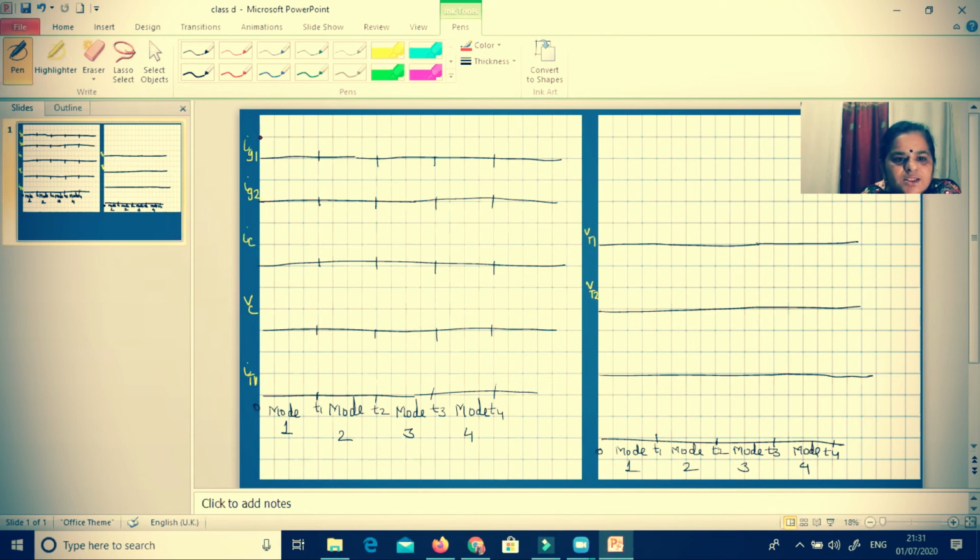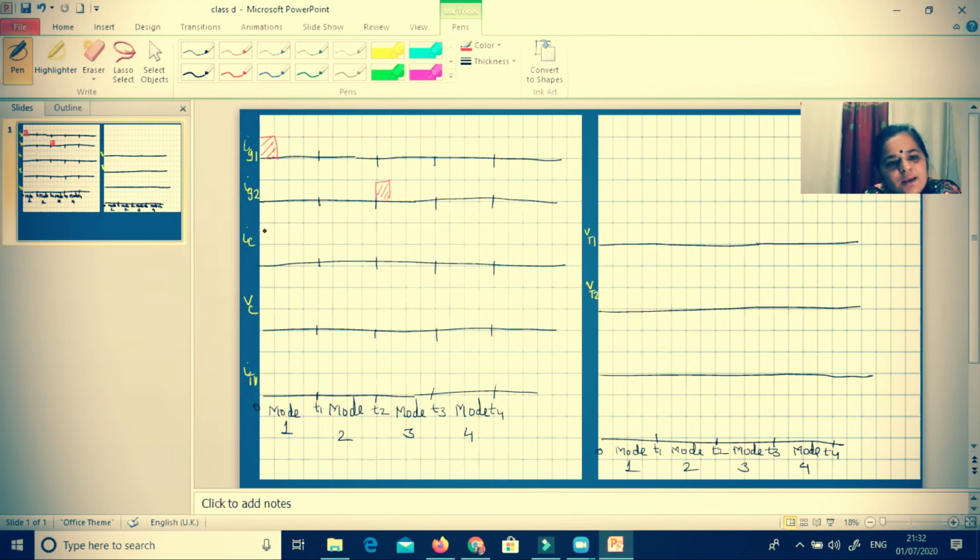IG1 means the gate pulse given to SCR1. SCR1 is on at t equal to 0, so we will give the gate pulse at the beginning of mode 1. SCR2 is on at the beginning of mode 3, so we will give the triggering pulse at T2.